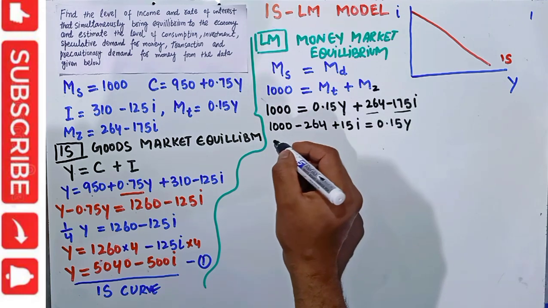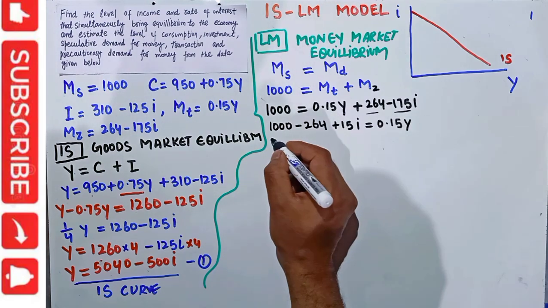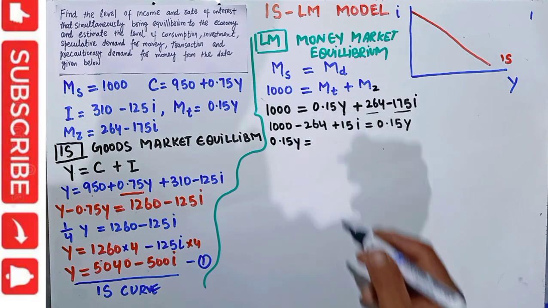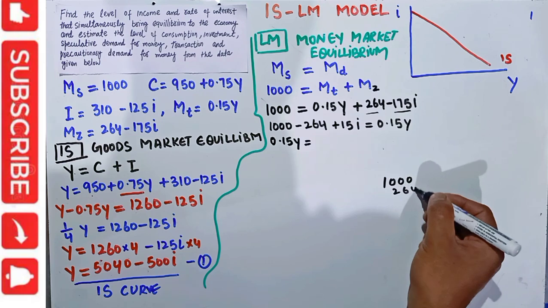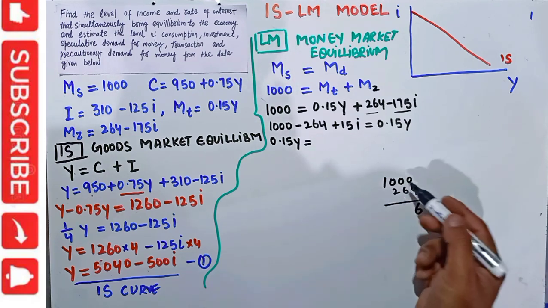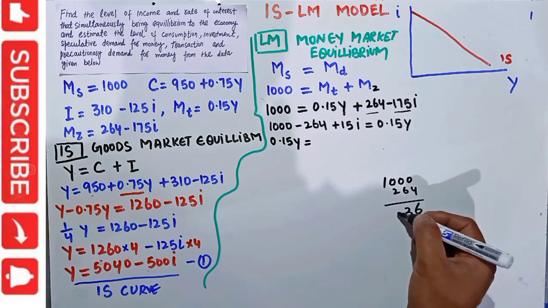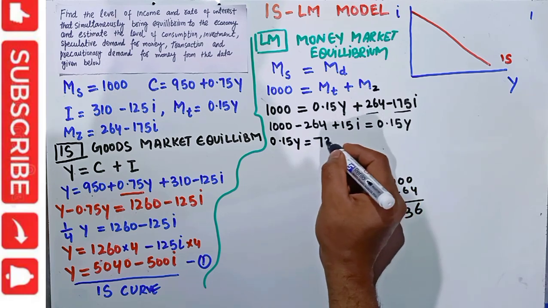That means 0.15y is equal to 1000 minus 264, it will come out to be 736.